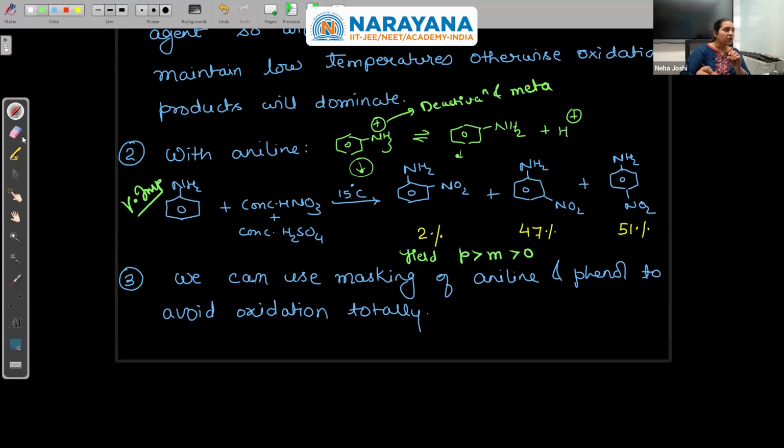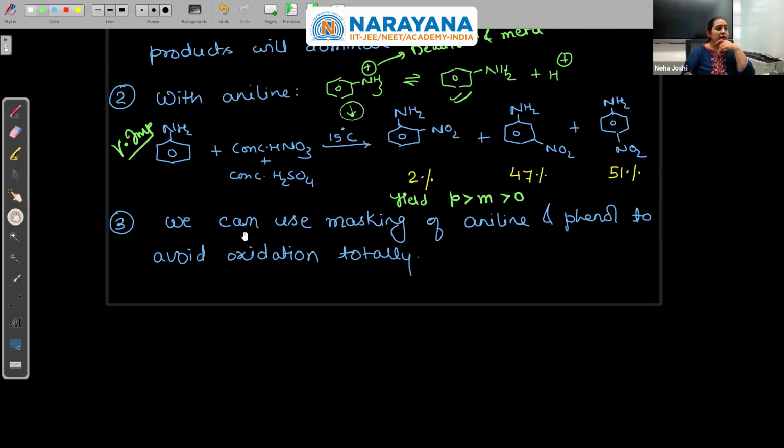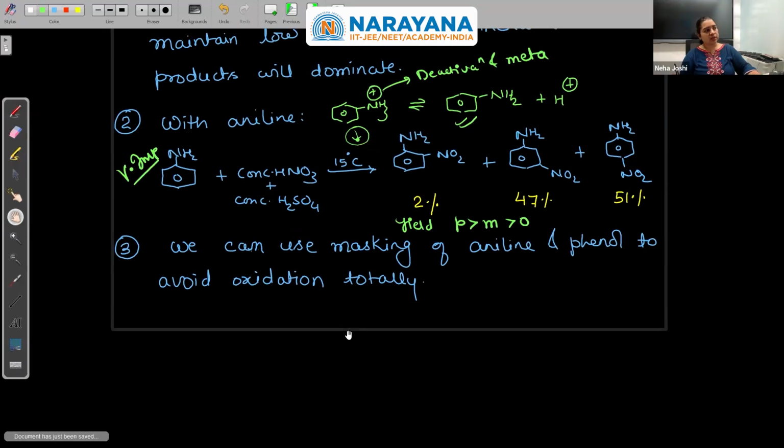If attacks are on NH2, then the products are ortho and para. With anilinium, the products are meta. This observation of products says that NH2 attack is still more than anilinium. If you change NH2 to NHMe or a more basic aniline, NMe2, then meta will become major.